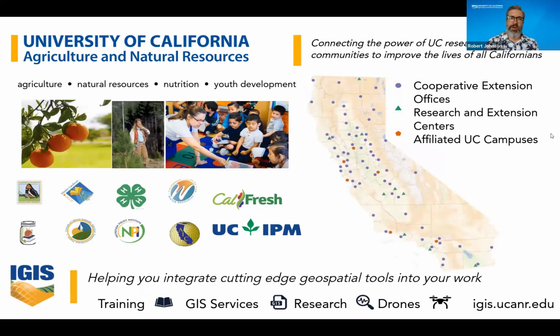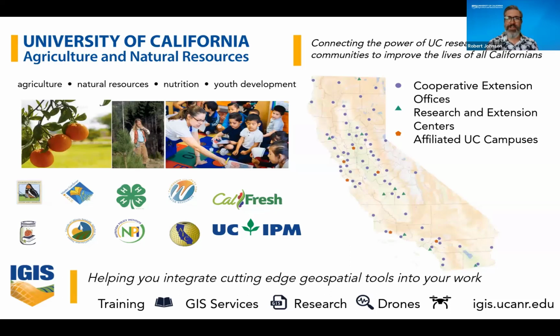A little bit about us and our organization at the start here. We are members of the Informatics and GIS statewide program under the University of California's Division of Agriculture and Natural Resources. And probably most of you, just looking at the roster, are very familiar with ANR and the UC in general.